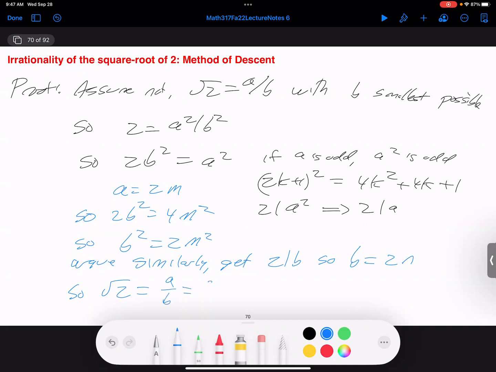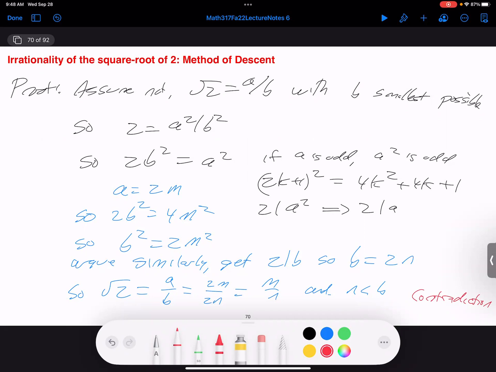A was 2m, b was 2n, which is m over n, and n is less than b, contradiction. So this is the method of descent. We assumed that we had a minimal representative, and we found something that was even smaller. So our assumption that there was a representative is false.